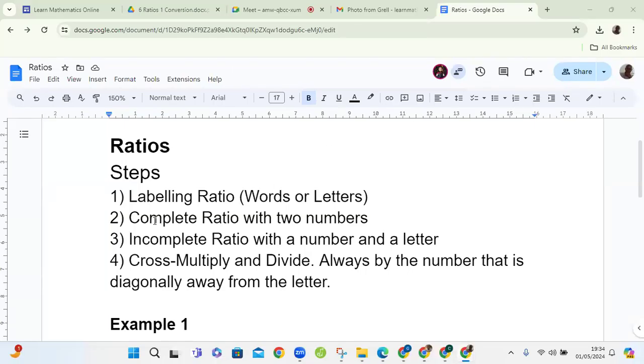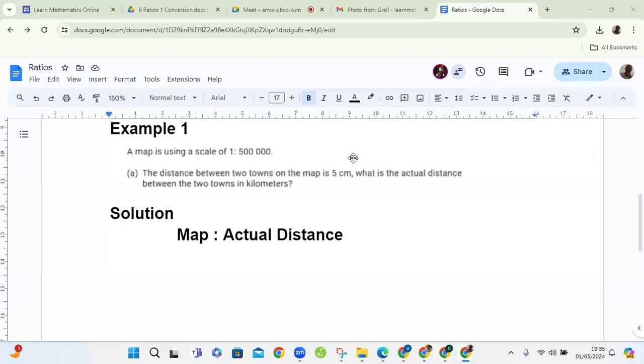The second step says you've got to have a complete ratio with 2 numbers. The complete ratio we have there is 1 to 500,000. So according to the labeling we have, the 1 will come under the map and the 500,000 will come under actual distance.